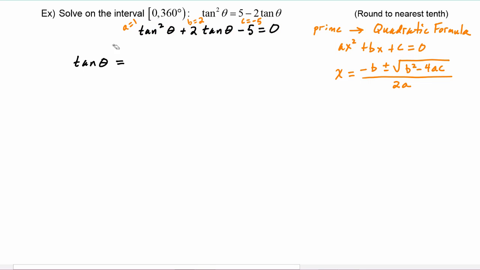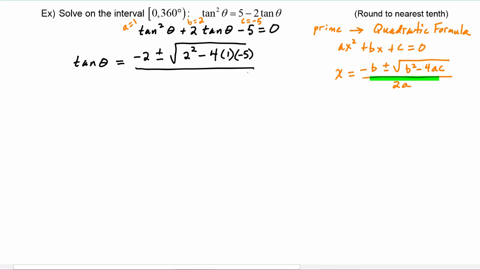So we're going to set tangent of theta equal to, now let's start filling in. Negative b in our case is going to be -2 plus or minus the square root of b squared, so 2 squared minus 4 times a, which in our case is 1, times c, which is -5, and we have to divide that whole thing by 2 times a, and remember a is equal to 1.